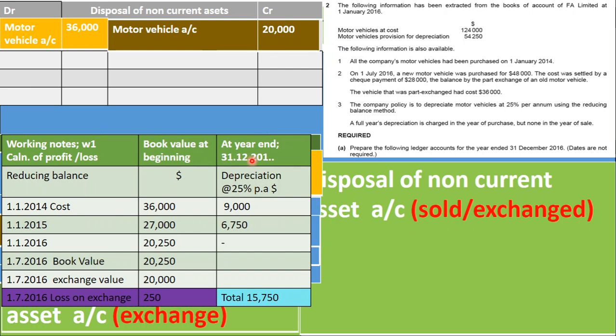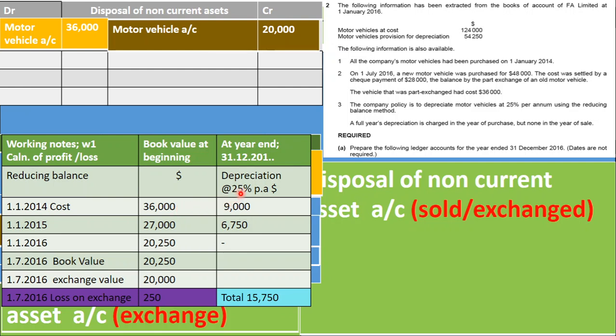31/12, year end, is 31/12/2000, constant date, whatever it is. So let's start. The question mentioned that all the company's motor vehicles had been purchased on 1 January 2014. So it means that the yellow car which we were exchanging was also purchased on 1st January 2014. So we begin from that date. 1/1/2014 cost 36,000.